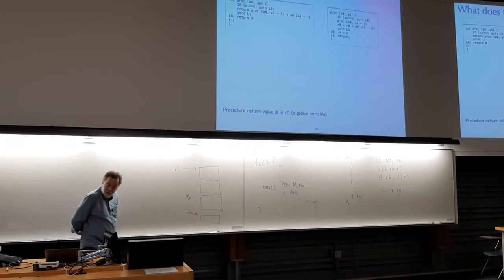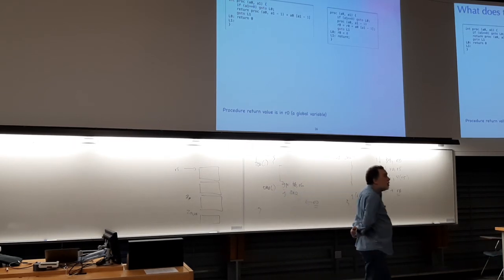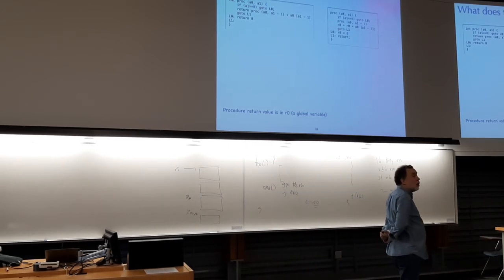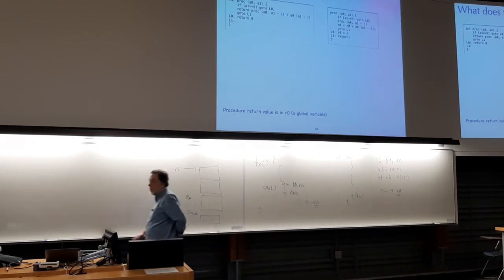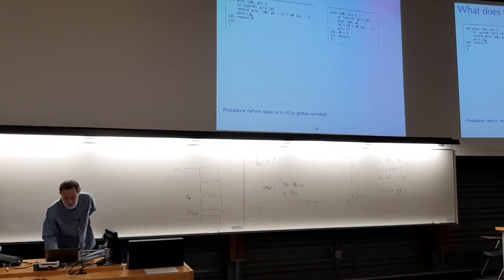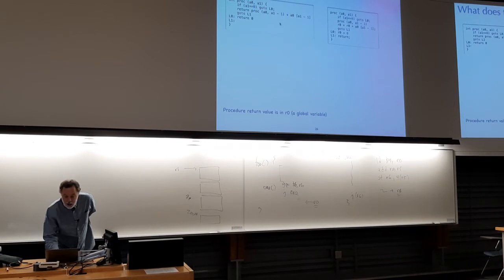The next step, I'm going to change the way the values are returned by putting them in global variable names, R0. So over here, I'm returning 0. Here, I just set R0 to be equal to 0. And here I'm using the value that the procedure returns.